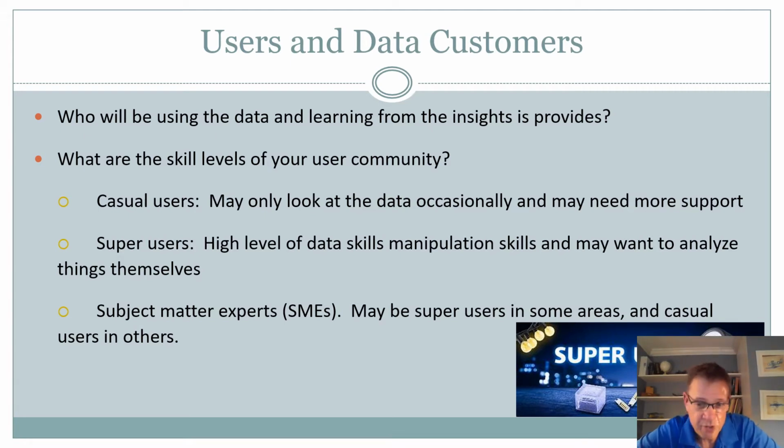Then you have super users. These are people who have a high level of data manipulation skills and are probably also very closely tied to the area that you're interested in. They may need less help. They may actually need more granularity on the data because they may want to analyze the data themselves.